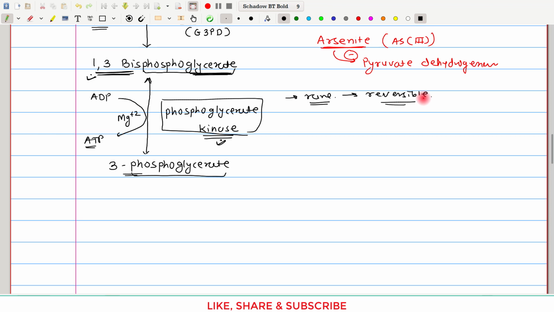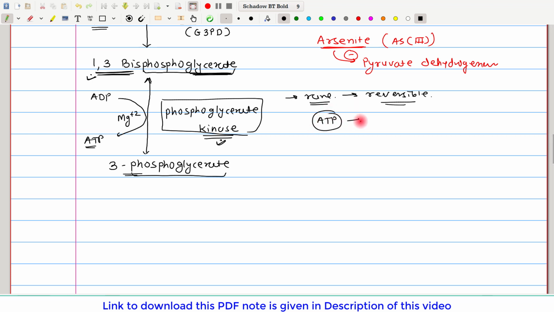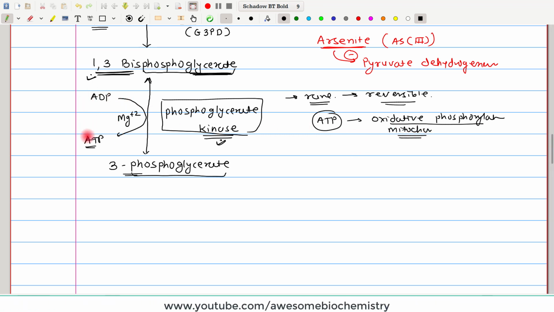The second thing, which is also exceptional, is that in our body, generally ATPs are synthesized by oxidative phosphorylation inside the mitochondria. Most of all the ATPs are synthesized by oxidative phosphorylation inside the mitochondria. But here in this case, you can see that ATP is directly getting synthesized. Oxidative phosphorylation is not taking place at this level.